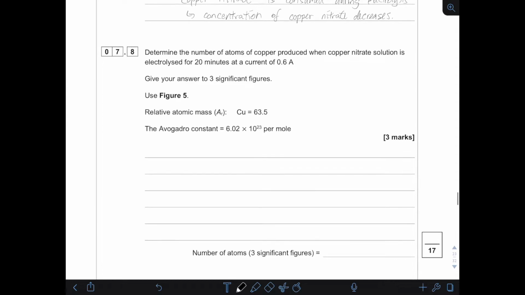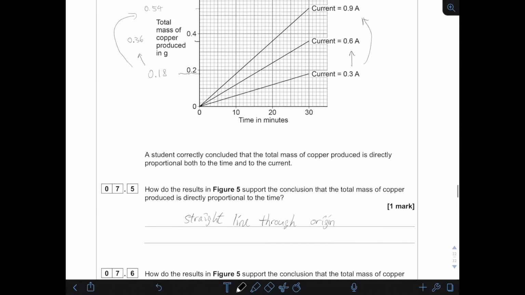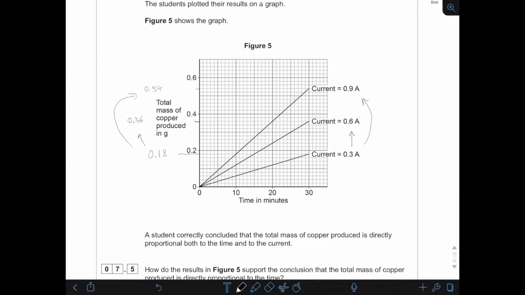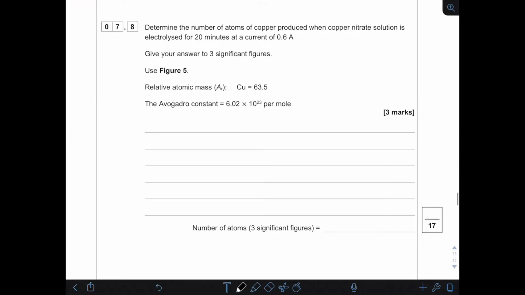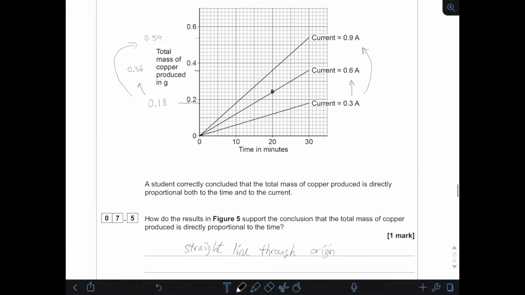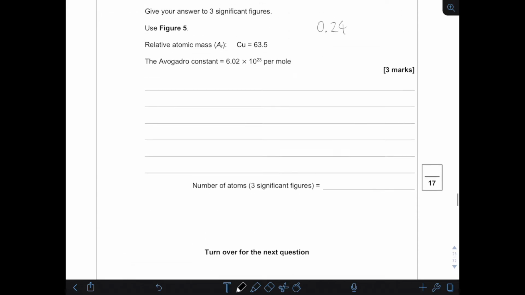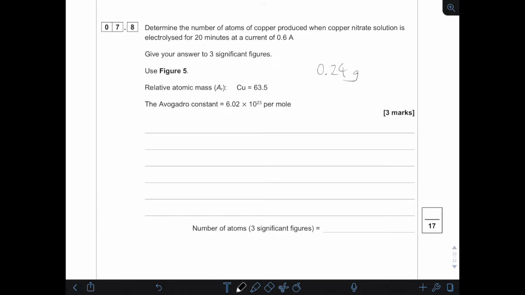Okay, so 20 minutes at 0.6 amps, go back to the graph, 20 minutes, 0.6 is this spot right here, and that is 0.22, oh no, 0.24 rather, if I can read, 0.24, and that was grams. And we want to find the number of atoms. Oh god, that's a big number.